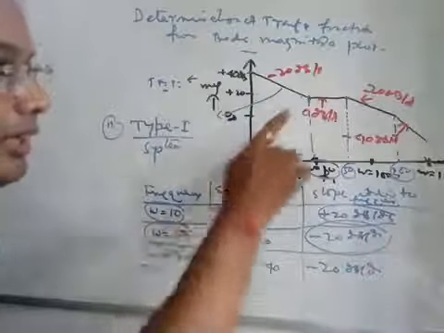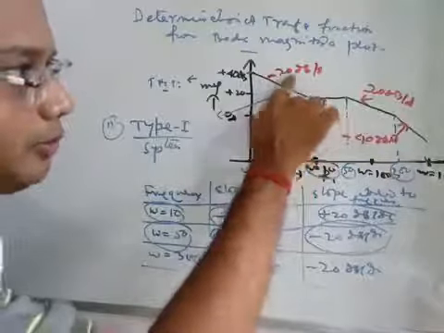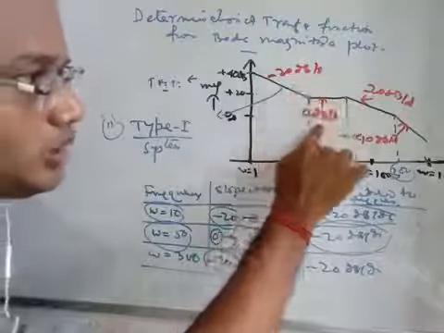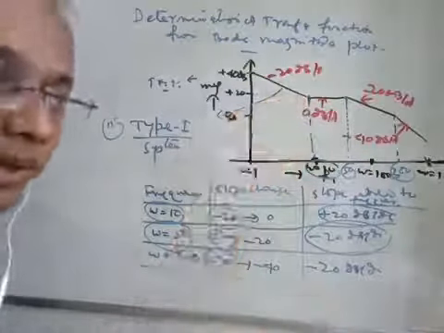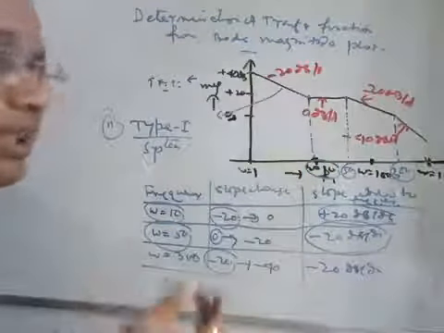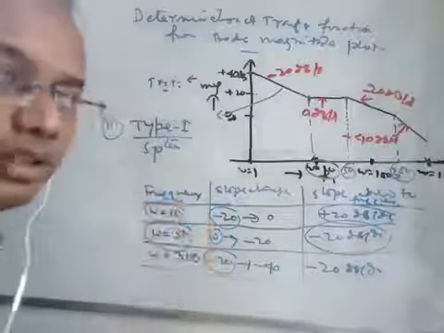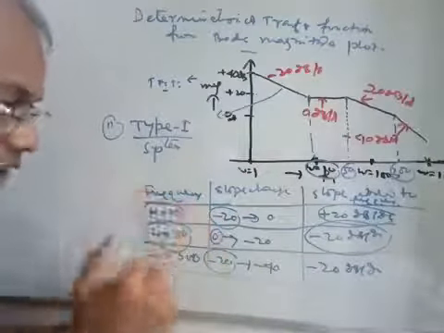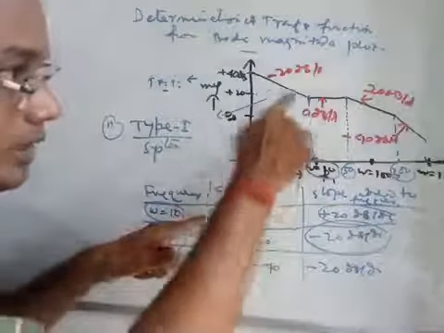Now, in this frequency, you see the change of slope from minus 20 dB per decade to 0 dB per decade. That means, during the Bode magnitude plot drawing, what is the contribution at that particular corner frequency? In reverse, at omega is equal to 10, the change of slope is from minus 20 to 0 dB.